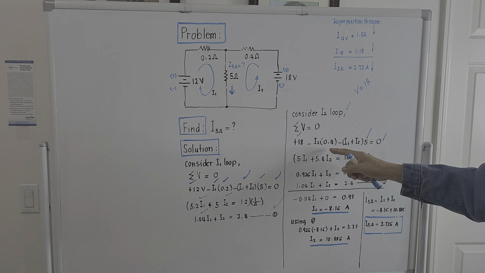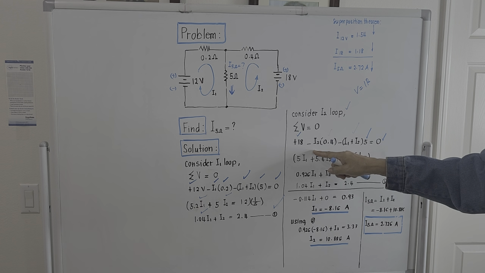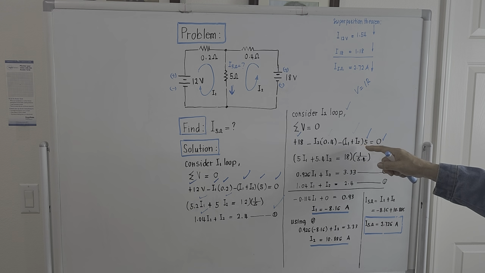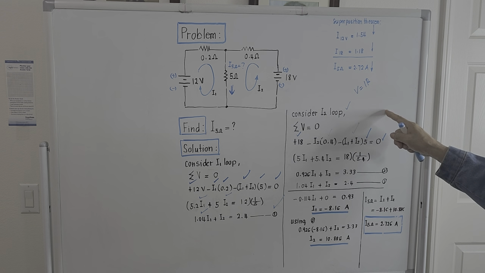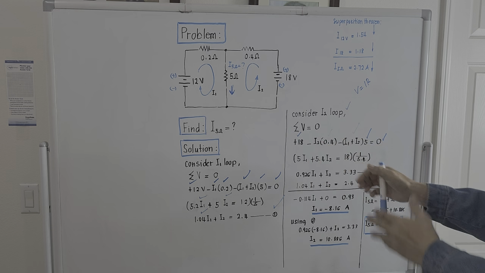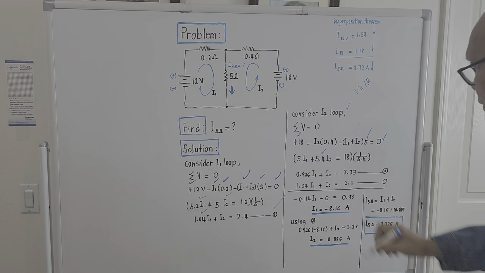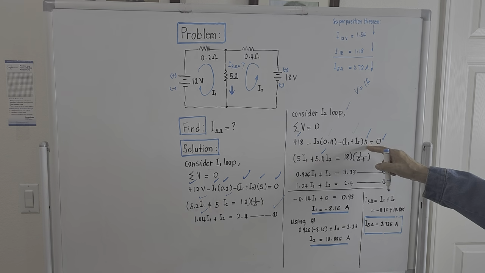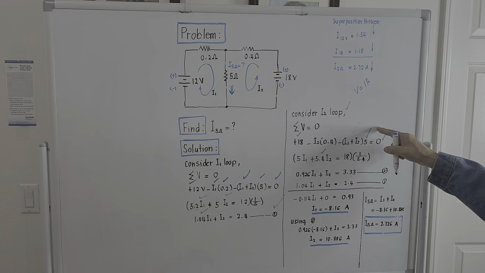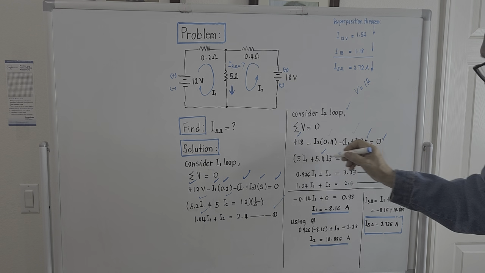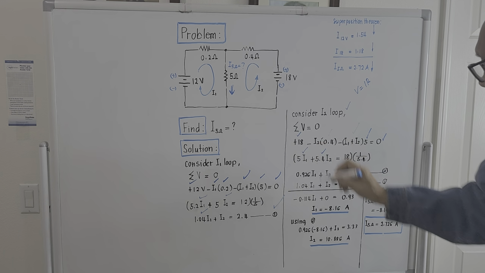This is negative 0.4 I sub 2. Okay, and there is a negative 5 I sub 2 here. So if I try to combine, that will be 5.4 I sub 2. The coefficient will be 5.4. And there is a 5 I sub 1 here. Okay. So this is 5 I sub 1.